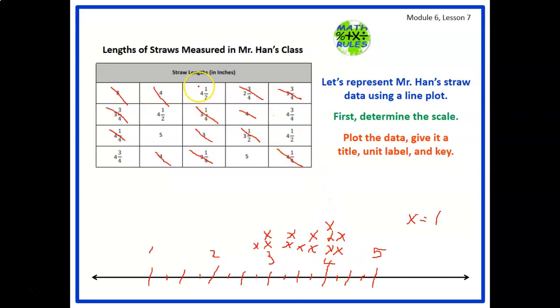So I come up here and I find 4 1/2. There's 1 there, 2, 3. Yep, 3. So now I have 4 and 4 1/2 that both have 3.